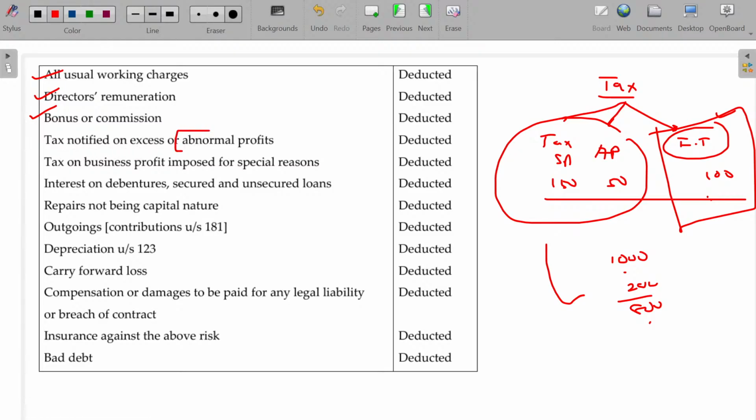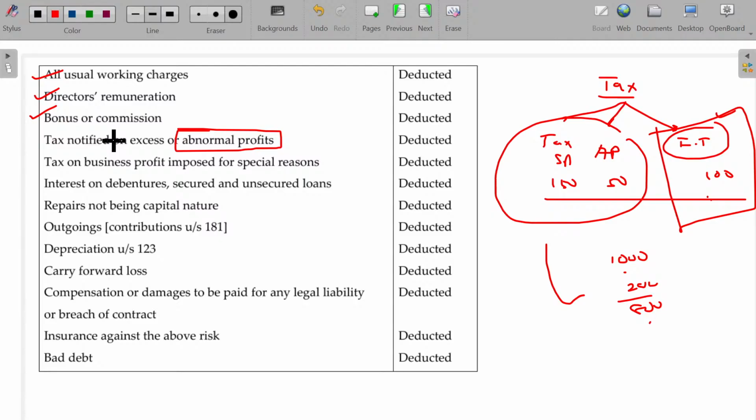Excess or abnormal profit. You should have a reasonable profit, some number, 20% or 25% or 15%. Like government says, these are very, very important commodities for the day-to-day consumption of the general public. If you are exorbitantly pricing this, then what happens? The general public will be suffering. So the government, in some cases, says the profit earned from this business should not be beyond 20%.